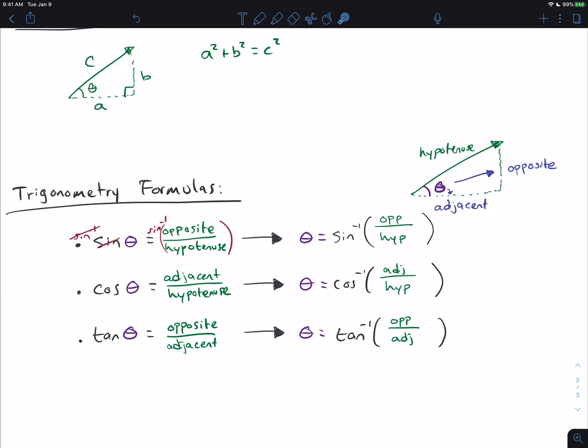That's all I did, kind of like when we have a multiplied number and we divide both sides by it in order to get rid of it. That's how we've done this. So we can use these formulas just like this in order to incorporate our angle so that we can find, let's say, missing sides of our triangle or find the direction of a certain vector. So when we're looking for direction, these formulas are going to be super important. You're almost always going to use them.